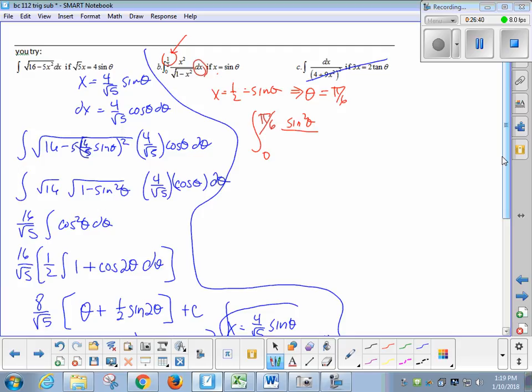So make sure you do your inverse trig, not your trig. Then everything else is cool. 1 minus sin squared. The x's. Does this clean up a lot or just a little? Sine squared. Oh, that's nice. So that cleans up pretty well, actually.